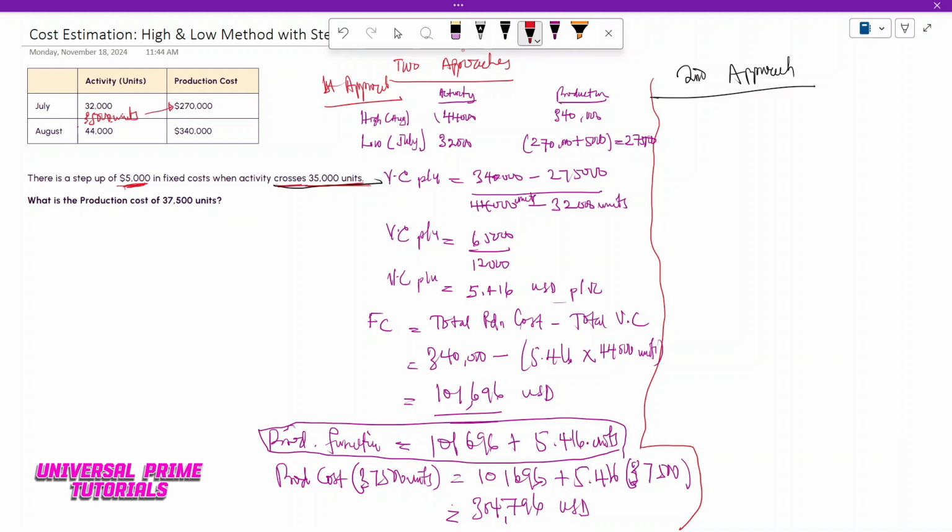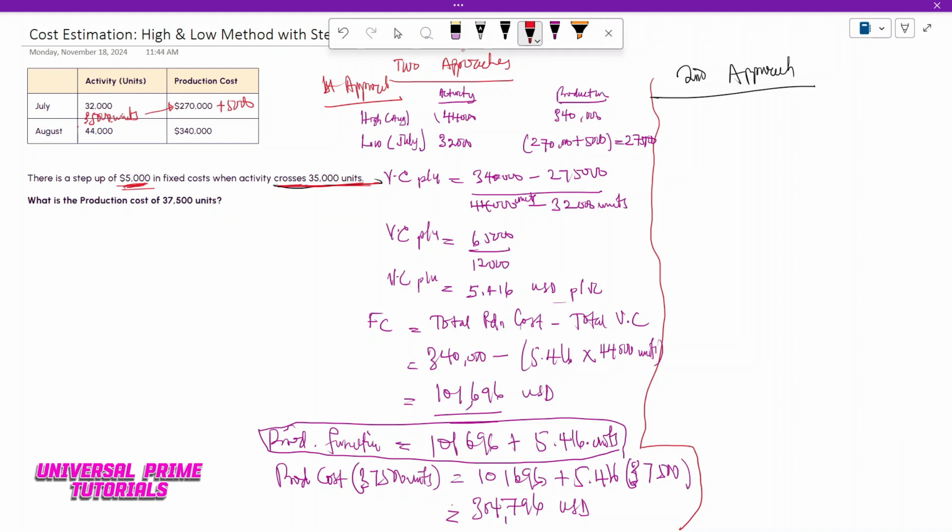It's as simple as that. Now, immediately the activity crosses 35,000, cost increases by 5,000. So immediately this unit increases by even one unit, this will increase by 5,000.